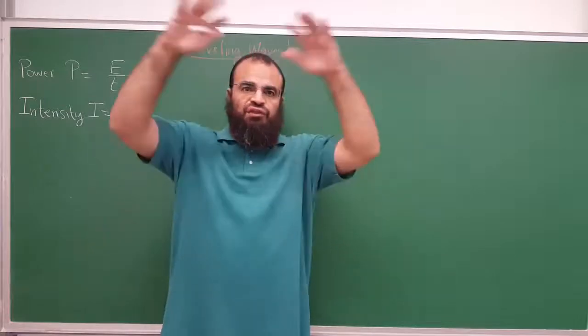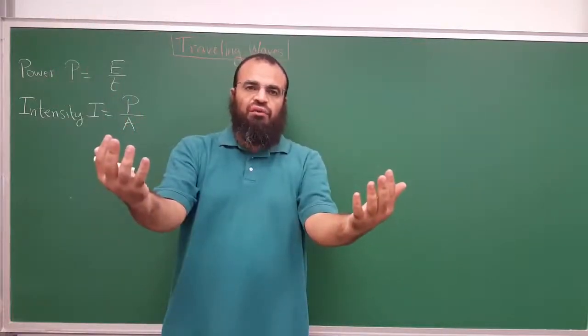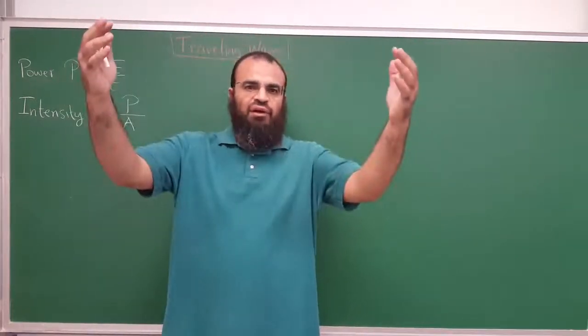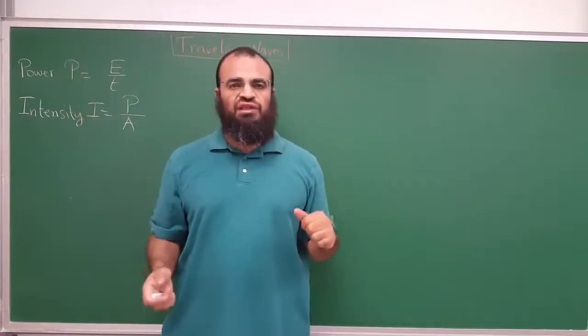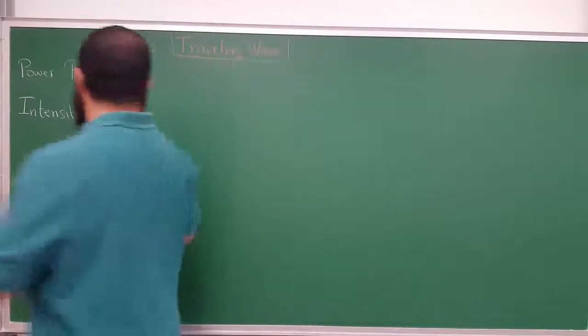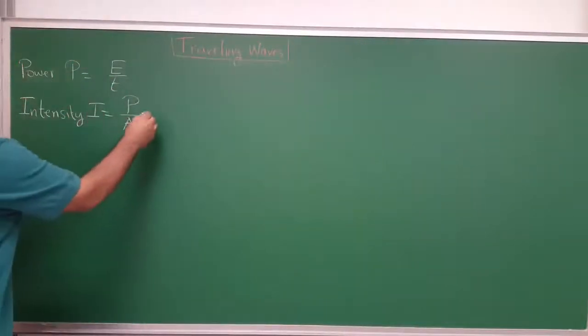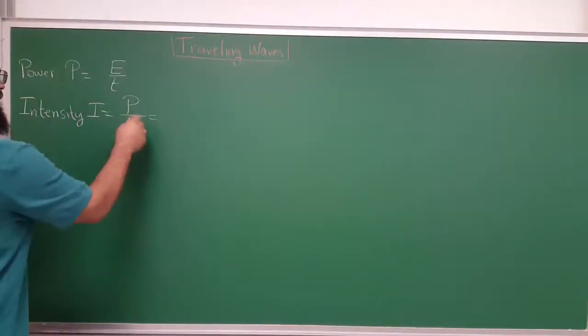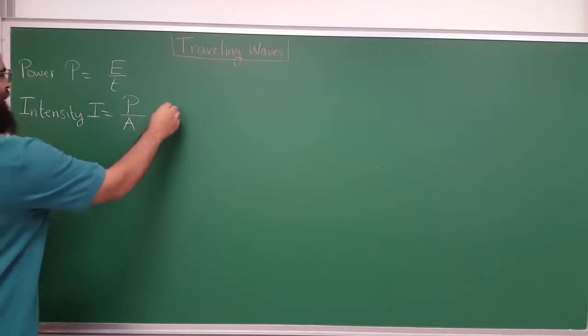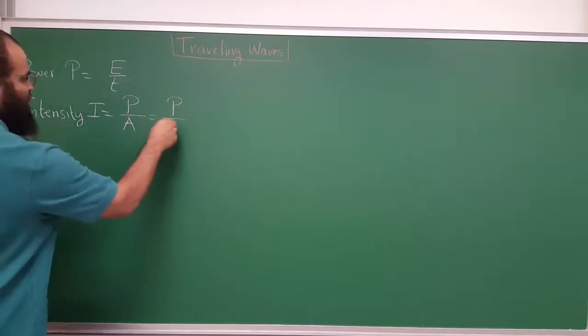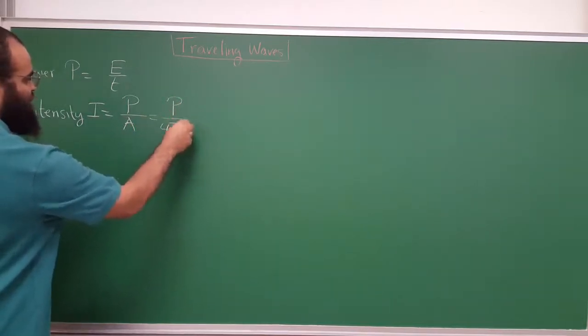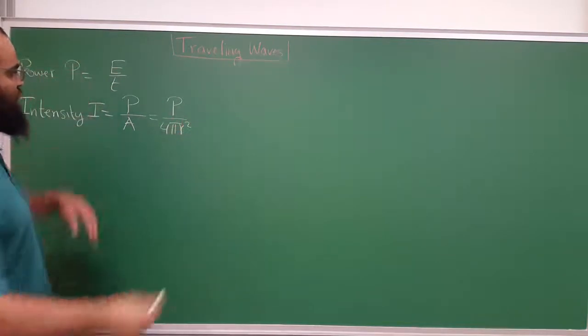But that energy falls on a sphere of radius r, which means you're dividing all the power by the surface area of that sphere, which is 4 pi r squared. So if it's spherically symmetric in every direction, the intensity will be P over 4 pi r squared. This is true if it's a spherical distribution.